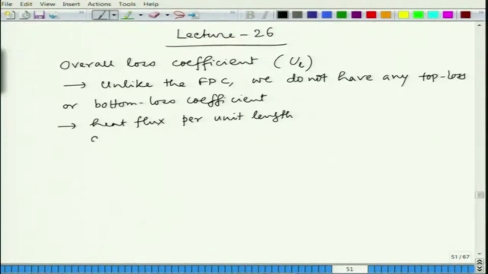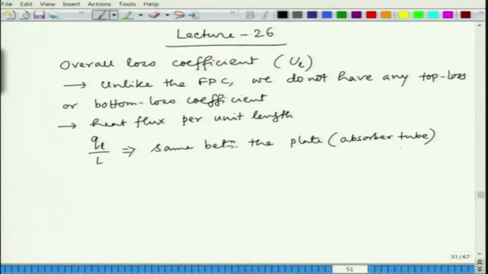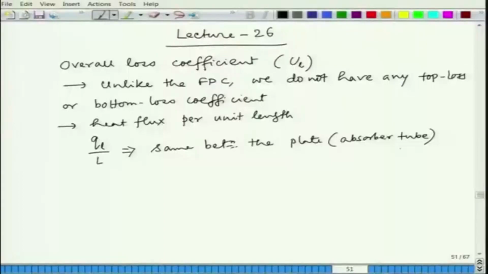So, what we are doing, this Q L, which is the heat loss, divided by L. Now, this will be the same between the plate and the cover, or let us say plate, which is basically the absorber tube, okay, not the plate, but just to be consistent with the terminology that we have used for flat plate collector, we are using the same terminology, plate.